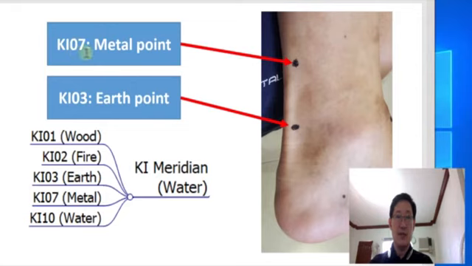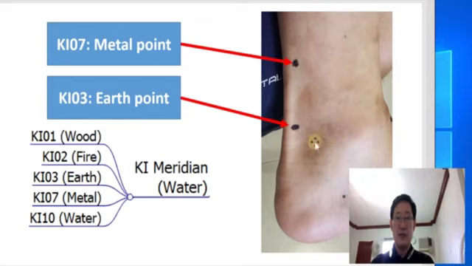Next one, I explain about KI03 and KI07. Here, going up, 3 and 7. KI03 is the earth point here, and KI07 is the metal point here. Traditionally we look for KI03 at the top of this bone and the line.